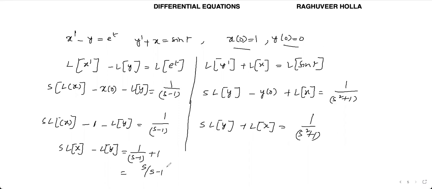Now keep this as equation 1 and equation 2, and multiplying equation 1 by s and adding it, we get s square plus 1 into L of x, which is equal to s square by s minus 1, plus 1 by s square plus 1.